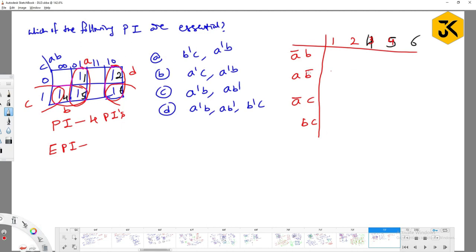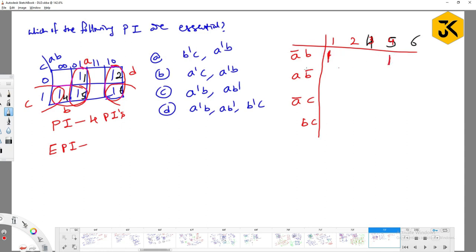Now try to do this. Where are the ones? So how did we get A bar B? Because of vertical A. Vertical A means what? 1 and 5.